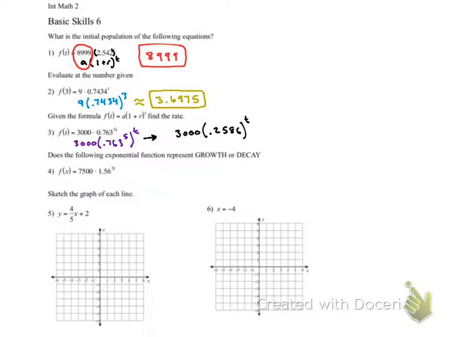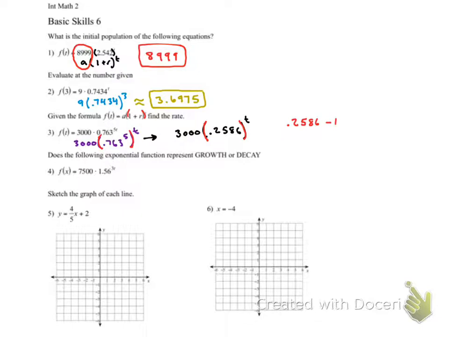Okay. Remember that our formula is, so you see in the parentheses that's 1 plus r. In the parentheses, that's all 1 plus r. In the parentheses here, that's 1 plus r. So what we have to do with 0.2586, we have to subtract the 1 away. Right? So if we have 1 plus r in the parentheses, we subtract 1 away, that just leaves us with a rate.